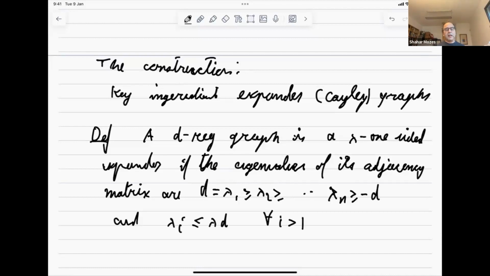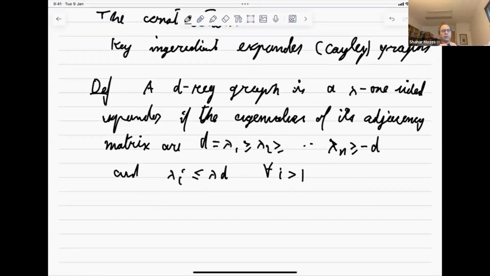So you want all the eigenvalues except the first one to be strictly smaller than lambda times the degree d. And if you have such a situation, if you look at the random walk on the graph, then it propagates, it gets mixed. The mixing time is very fast. It has exponential mixing time. These are extremely useful objects in many things, and they're also used for constructing other kinds of codes.